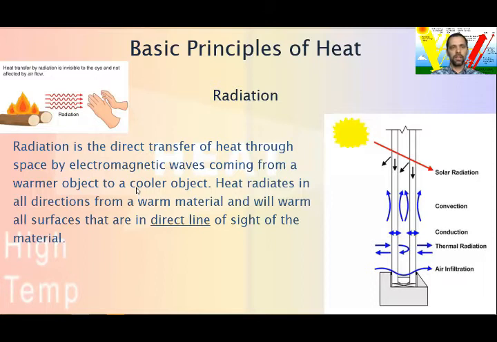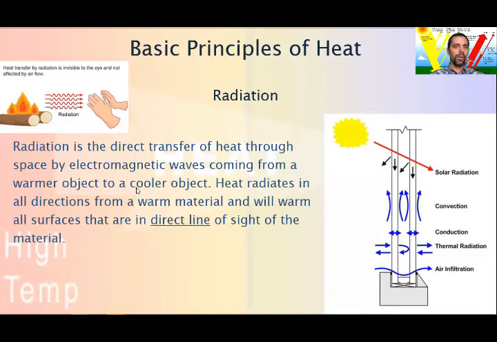Radiation is the direct transfer of heat through space by electromagnetic waves coming from a warmer object to a cooler object. Heat radiates in all directions from a warm material and will warm all surfaces that are in direct line of sight of the material. Most objects that block visible light will also block radiant energy.